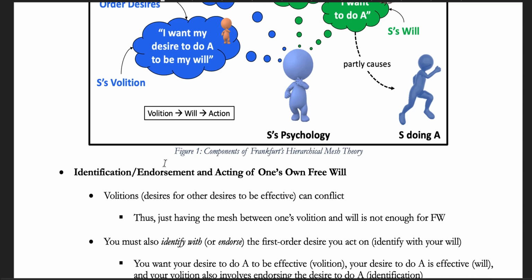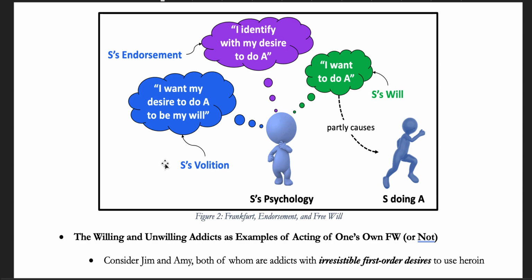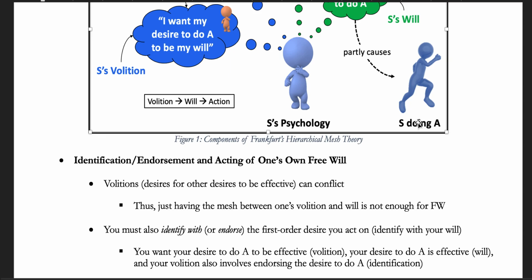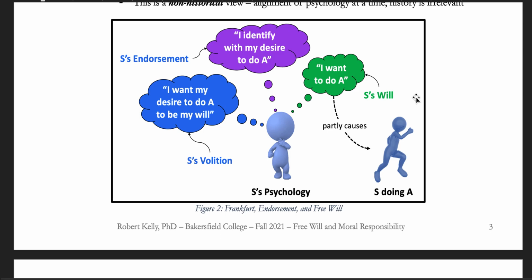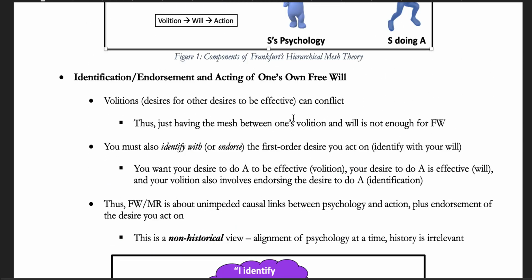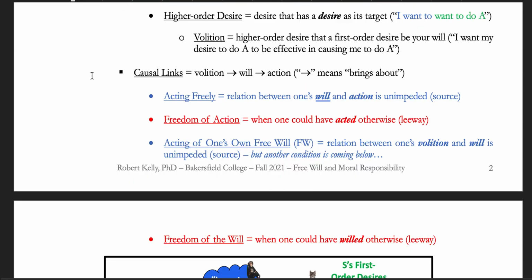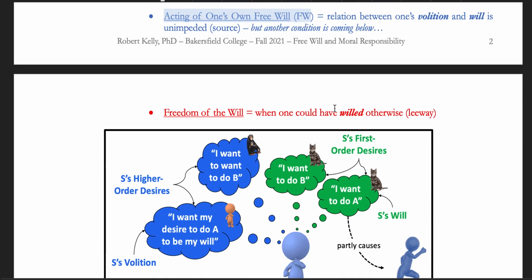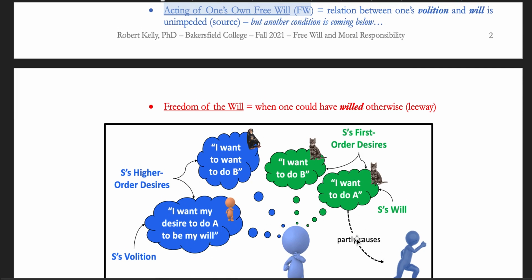Now here's the additional condition. The additional condition is called identification. By additional condition, I mean additional to this. Acting of one's own free will means that the relation between your volition and your will is unimpeded.